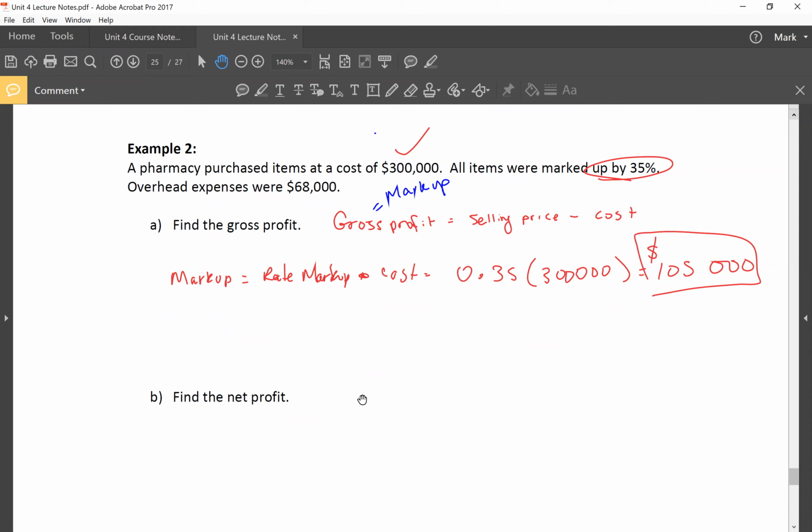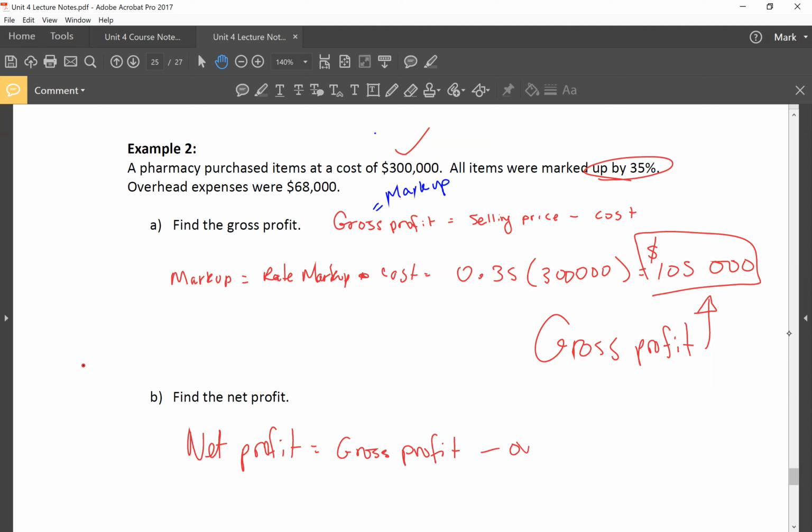Okay, now net profit. Reem shared with me the answer. Let's check it out. Net profit is my gross profit minus the overhead.